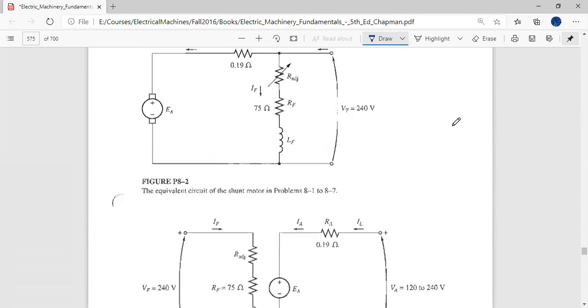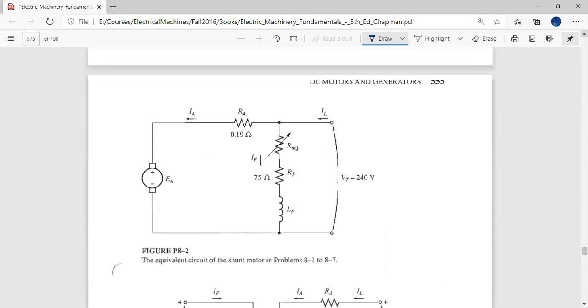Okay, so this is the circuit: this is 240, and RF, and R adjustable, and RA.